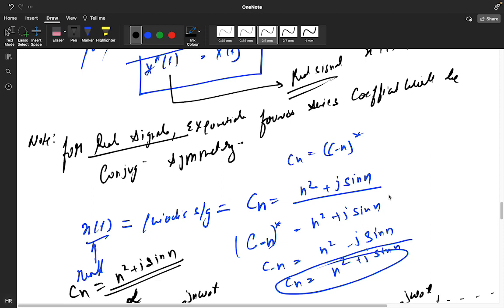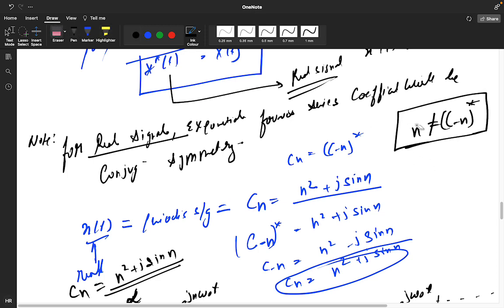They will give you the term and ask whether the signal is a real signal or an imaginary signal. And if you are not getting C of minus n conjugate equal to C of n, then this signal will not be a real signal, it will be an imaginary signal. I hope this part is clear, and you grasp the concept I want to say.